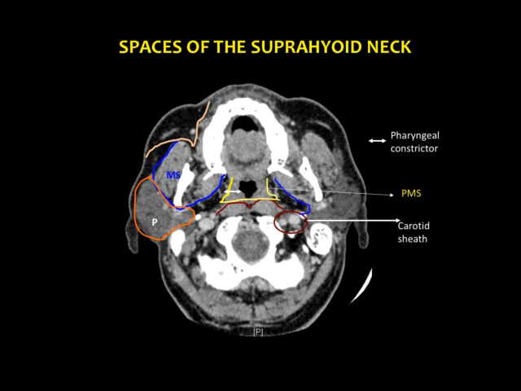Okay. So now let's identify, because the second years have seen the spaces enough over a period of time. Mayuresh, which is this space? Temporalis muscle. I asked which space it is.